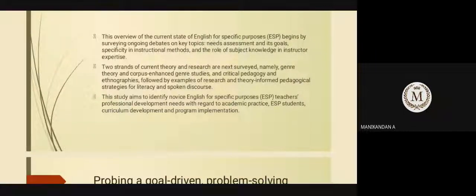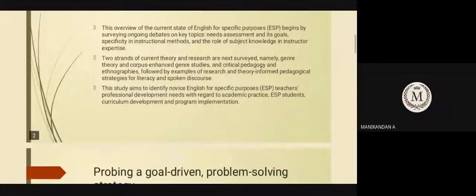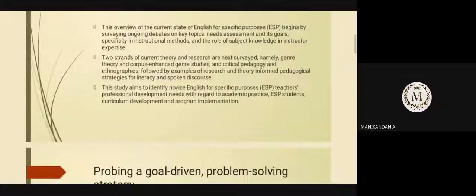So the ESP approach increases the relevance of what students are learning and allows them to use what they know to learn even more English, because their interest in their field motivates them to interact with speakers and texts for the teaching of relevant skills.